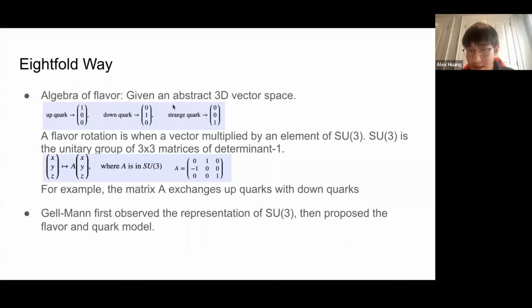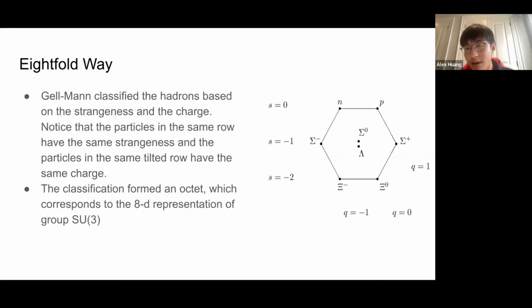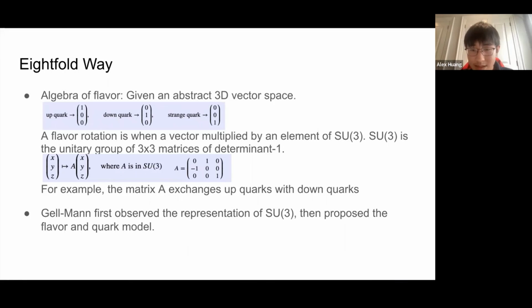Once he observed that it's a representation of SU3, where each quark represents an axis, he instantly knew that maybe there are 3 more fundamental building blocks in the universe that make up protons, neutrons, and other particles.